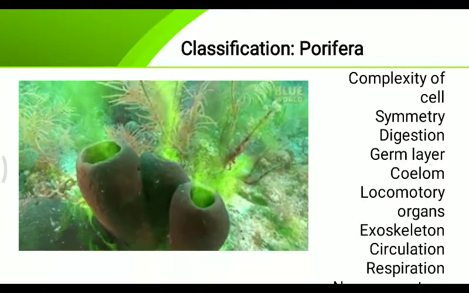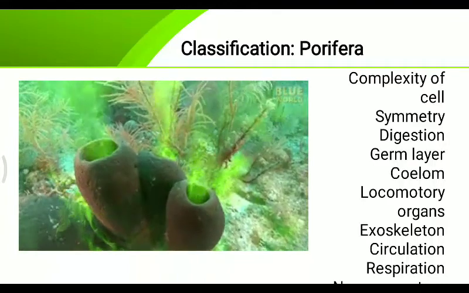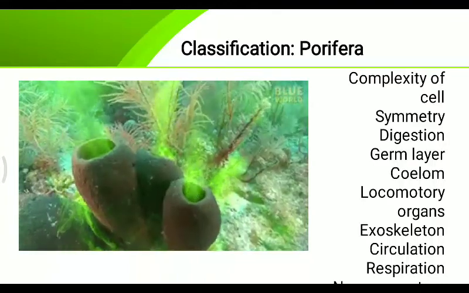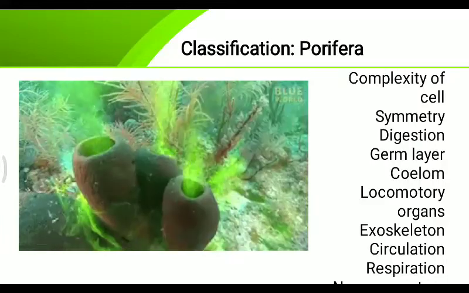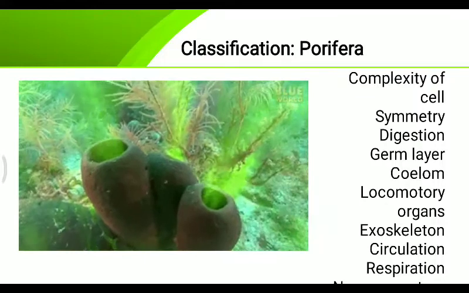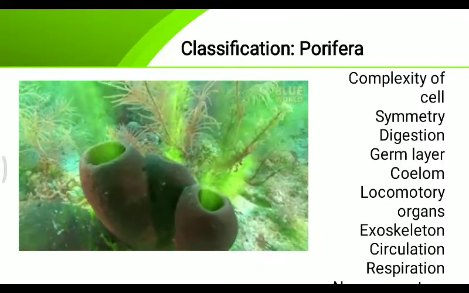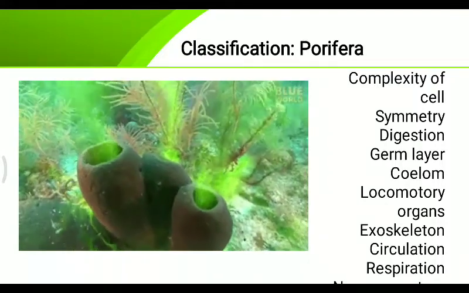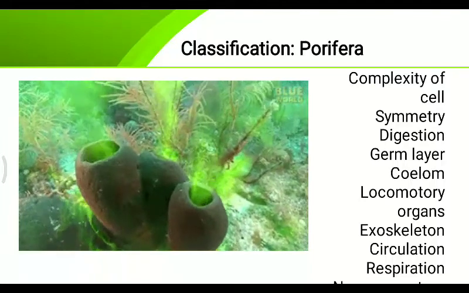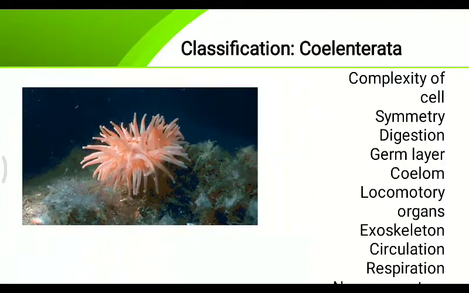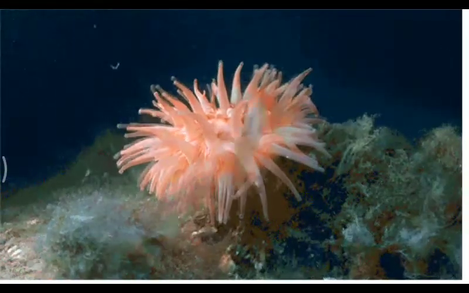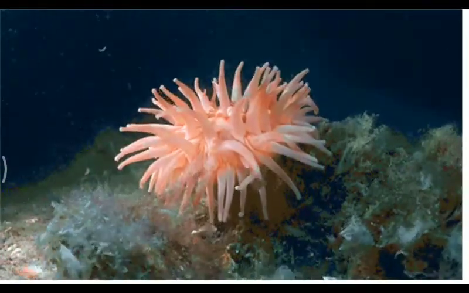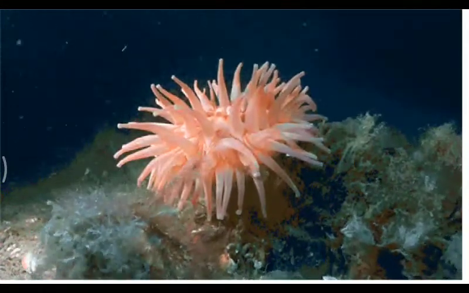The list of features given on the right side, of course, are unique. All the organisms representing a particular class are unique in these characteristics, but I am telling you the key feature to identify a particular phylum. The next phylum is the Coelenterata, and now you know this organism. This is a sea anemone. Hydra is a similar example.